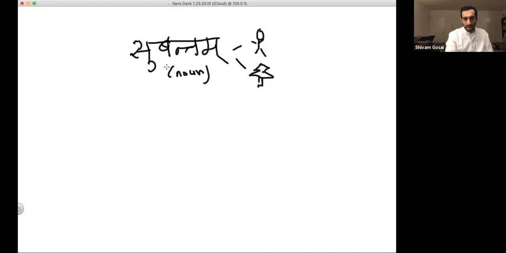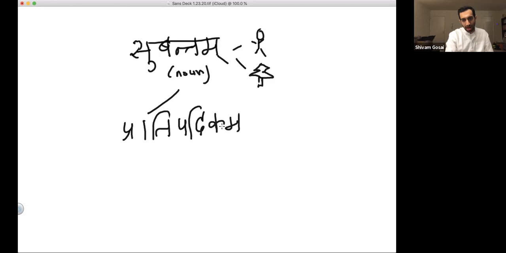Now this noun has two parts. It is pratipadikam. So we have to know this word, pratipadikam. And the English translation for pratipadikam is nominal base.